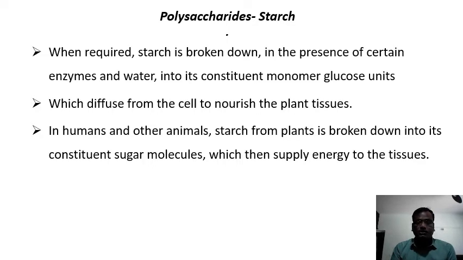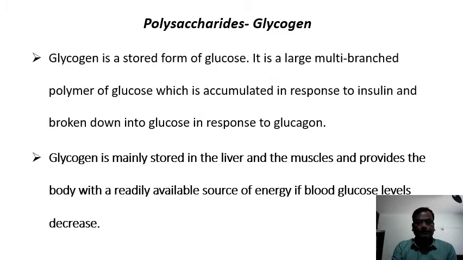And this starch is digested in the mouth, it is digested in the intestine, and starch is broken down by the amylase enzyme into glucose, and the glucose is absorbed by our bloodstream, and each cell is capable of using this glucose as a source of energy.